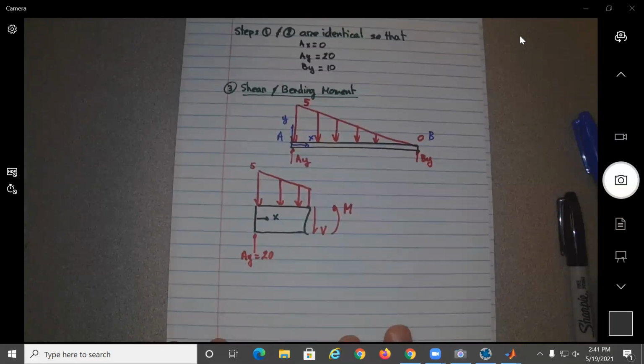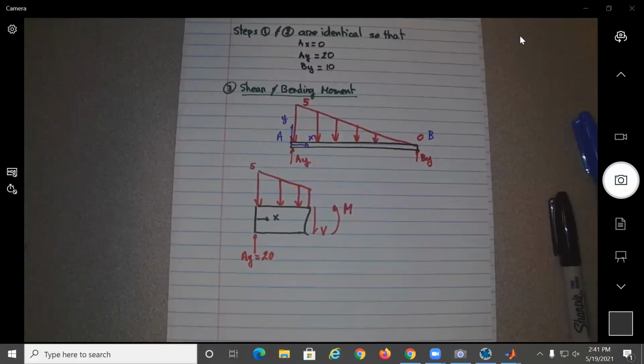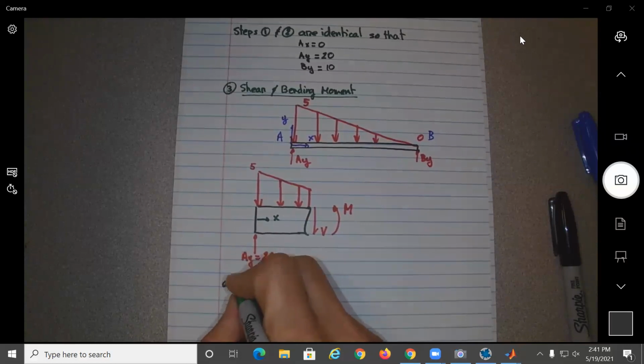Okay, so maybe let's do the shear force, and we stop over here. Let's see if we have time to do that.